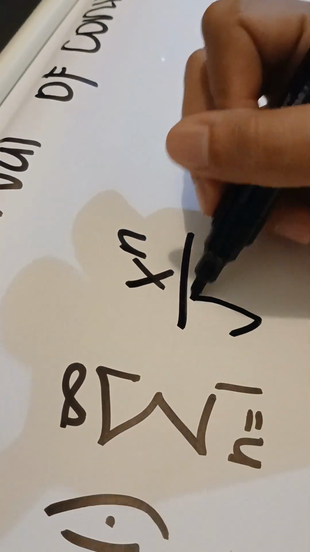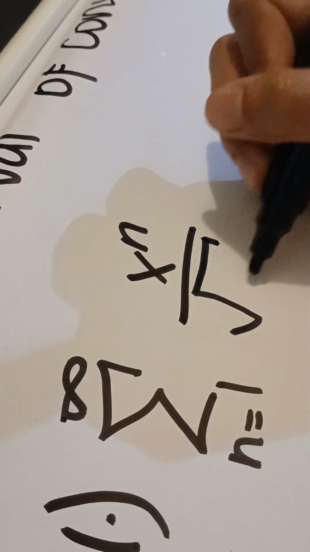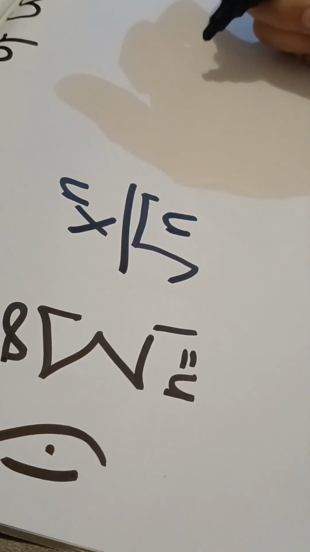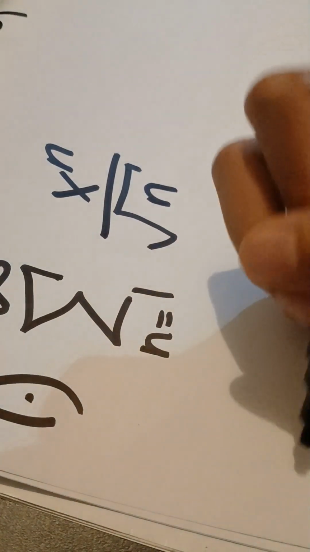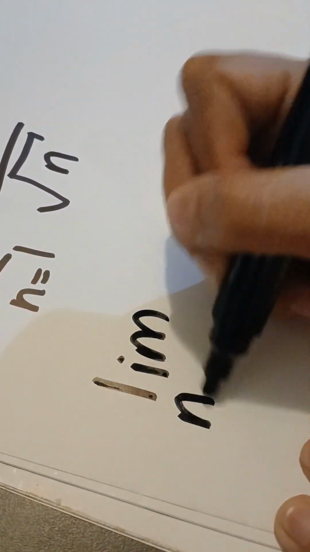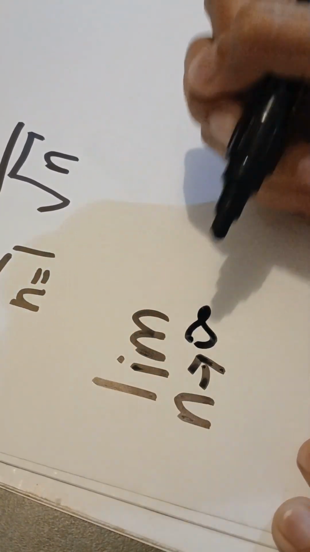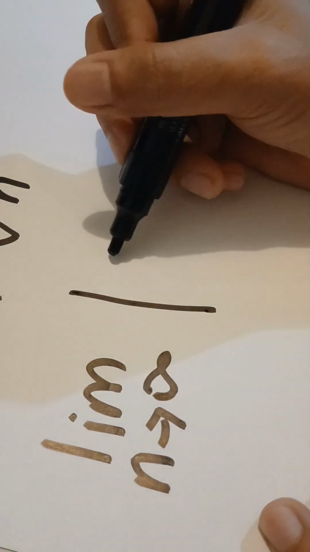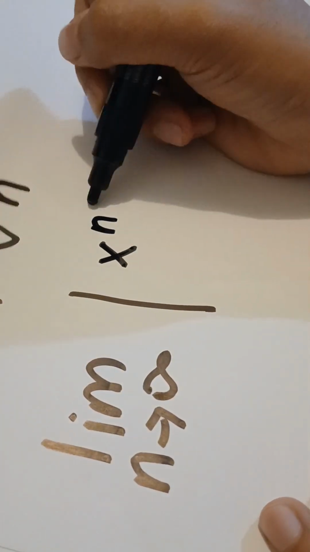Everywhere you see n, replace it with n plus 1. So we're going to have the limit as n goes to infinity of x raised to n plus 1 over the square root of n plus 1.